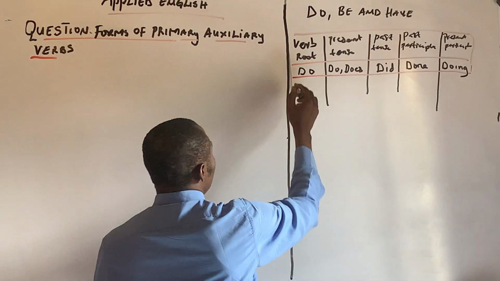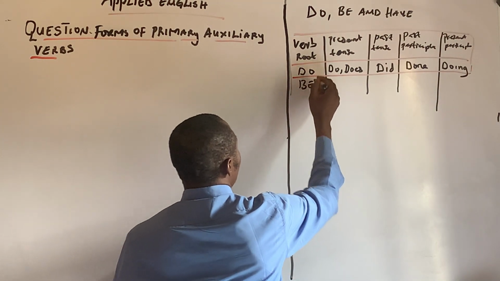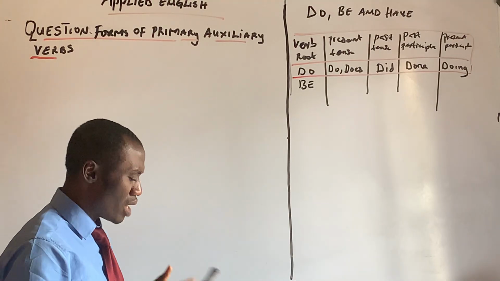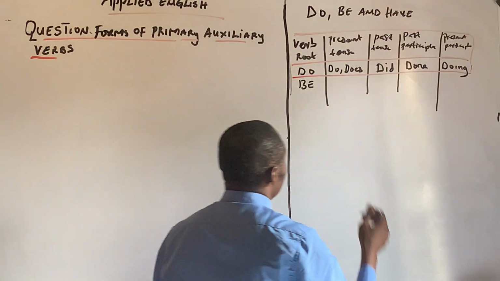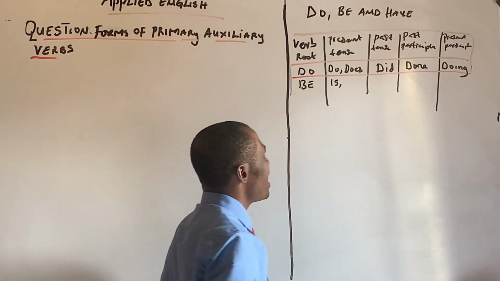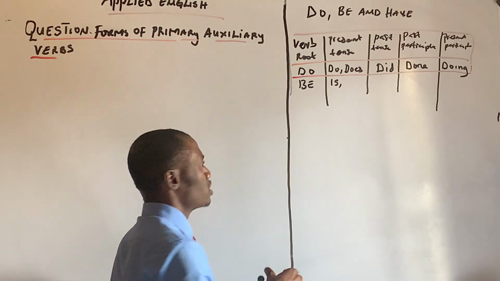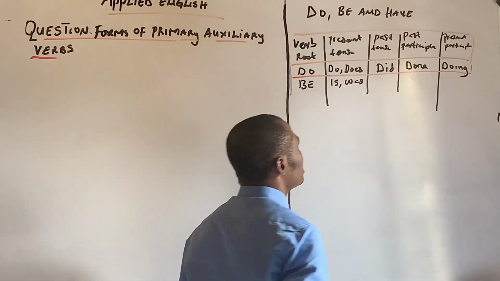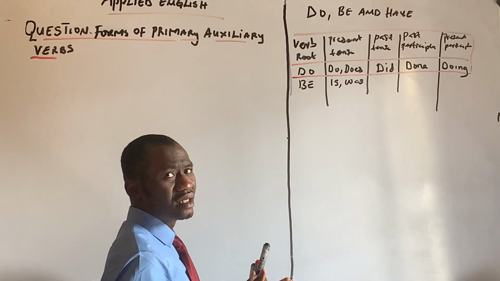All right, so we go to the next one, the verb be. For the verb be, the present tense of the auxiliary verb be is "is," and the past tense of is is was. This is for the singular subject.